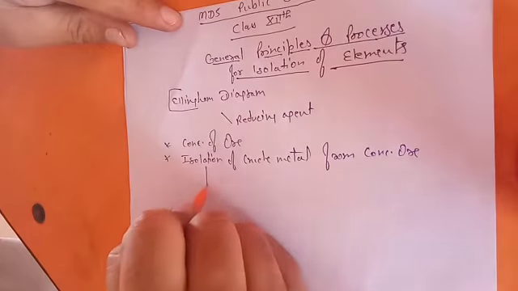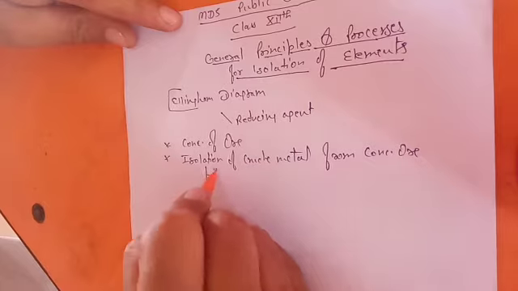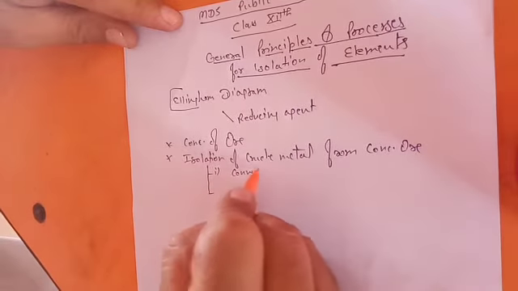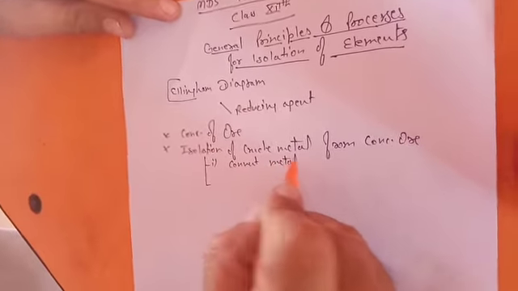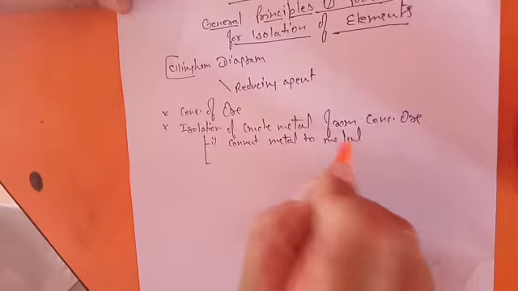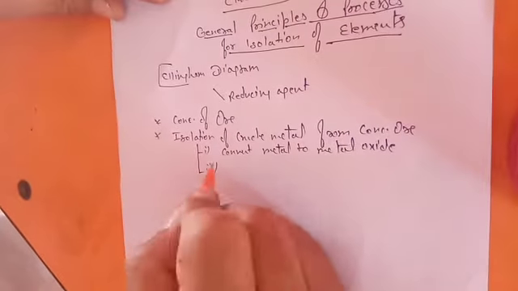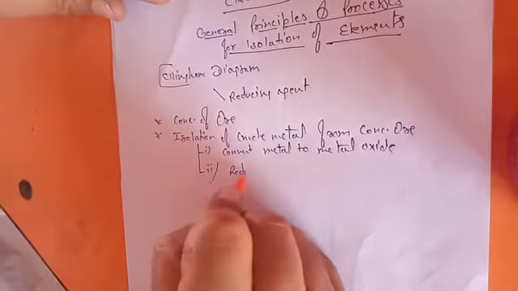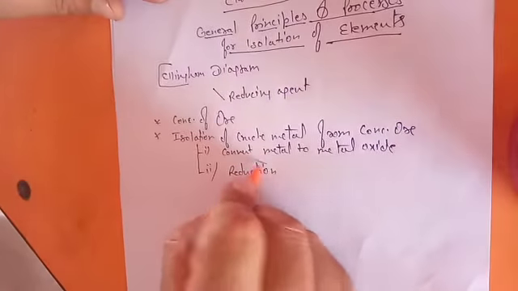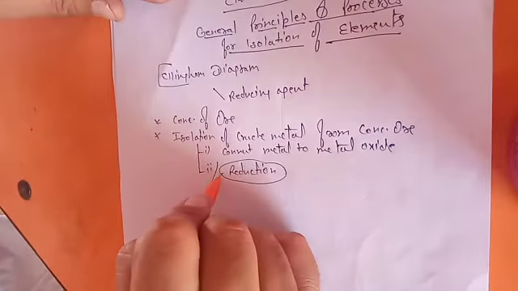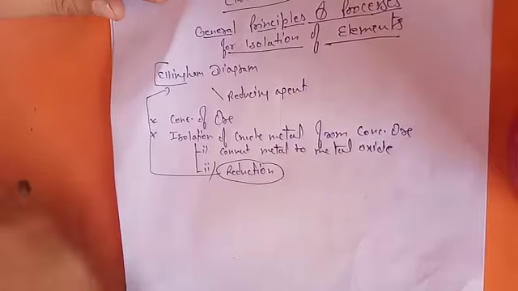But we know that the second step is a two-step process. First, convert the metal ore to metal oxide, which can be done by calcination or roasting. The second one is the reduction, and this reduction can be done using the Ellingham diagram.